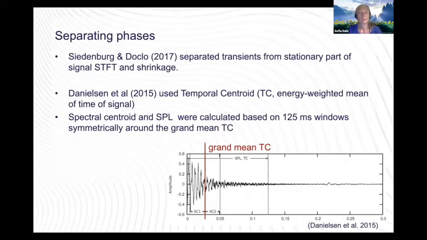So we went more with the approach that Danielsen et al. used in 2015. They took the temporal centroid, the energy-weighted mean of the signal, averaged that across many strokes and took the grand mean, and around that, symmetrically, they calculated the descriptors based on a 125 millisecond window.